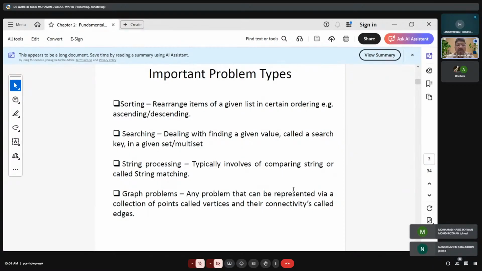Searching: finding a given value, called a search key, in a given set or multiset. String processing typically involves string matching. And graph problems: any problem that can be represented via a collection of points called vertices and their connections called edges.